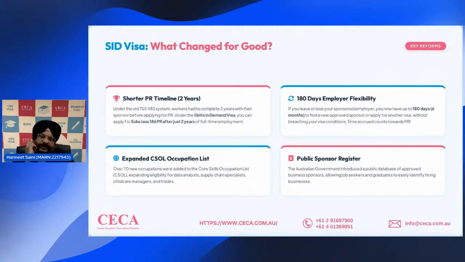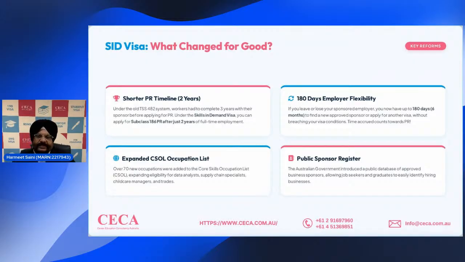So if you want to change employer, or your company no longer exists and you have to go for a new nomination, you have a maximum of 180 days to change or shift to new employment or a new business.